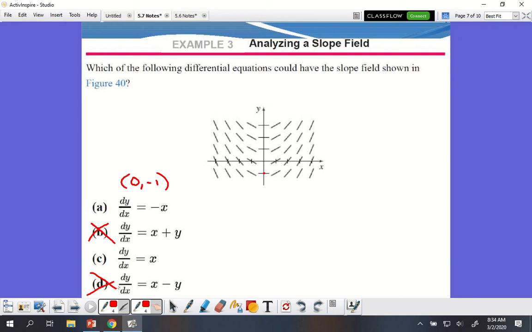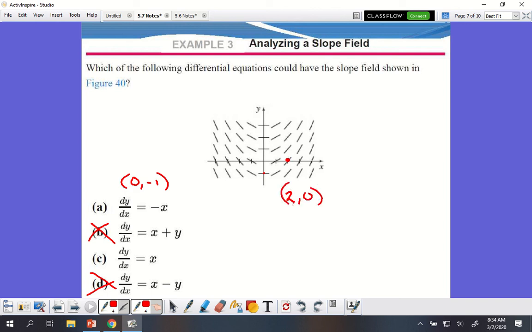Okay, so if I plug in any of them on my y-axis, it's going to give me the same value of 0, right? Okay, so I know that's going to be helpful there. So I got to pick somewhere else. I'm going to go over here, which looks like 2, 0.